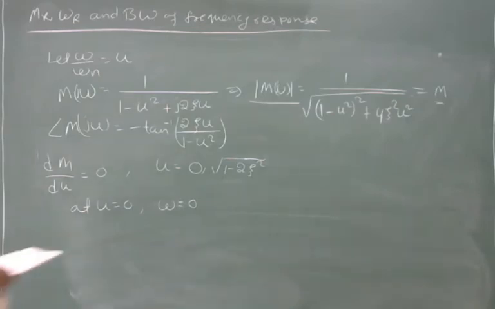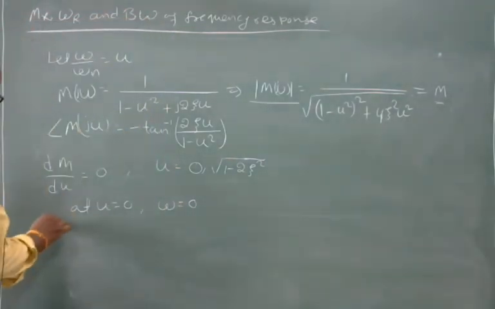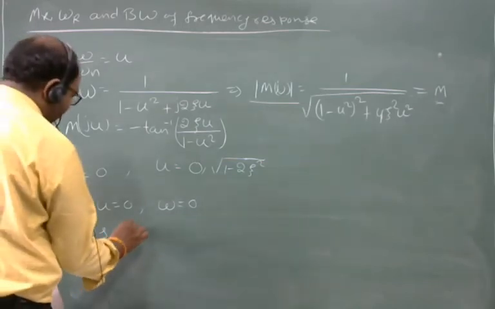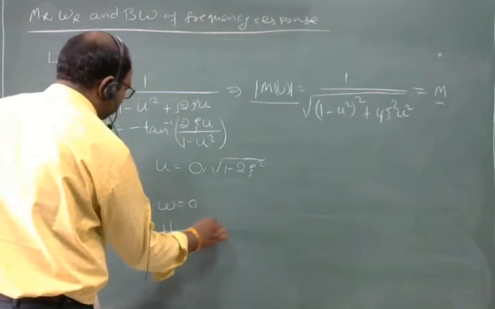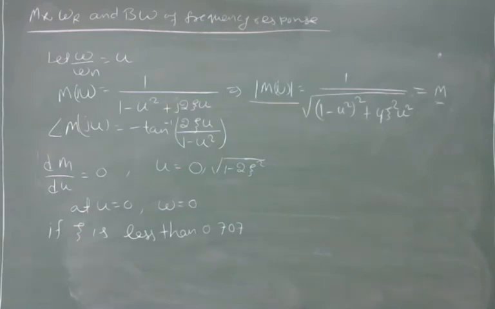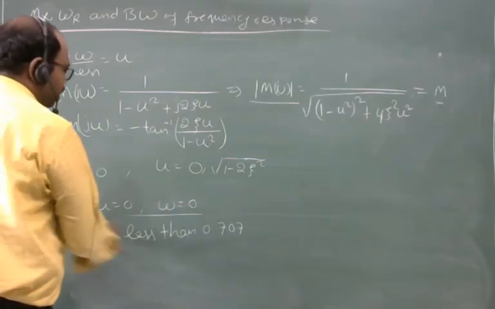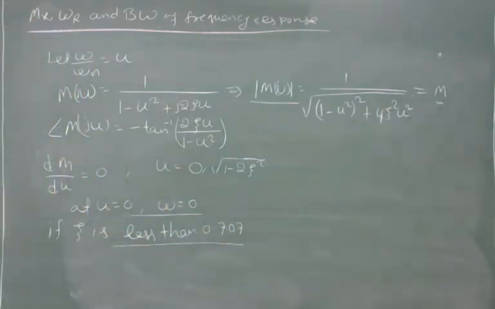And if zeta is less than 0.707, then it is not the true maximum, because for zeta less than 0.707, we have another maximum, right?